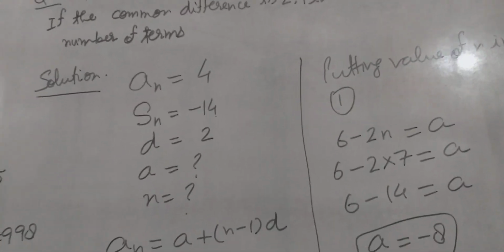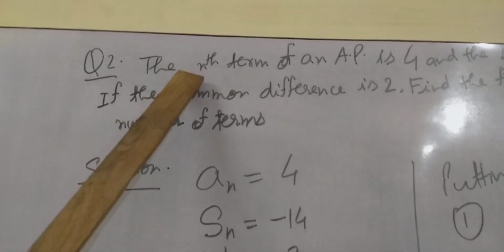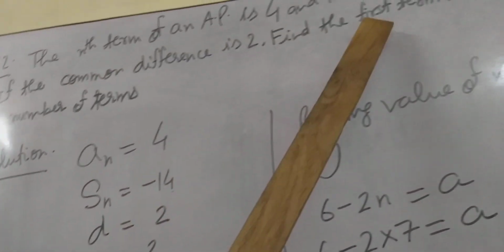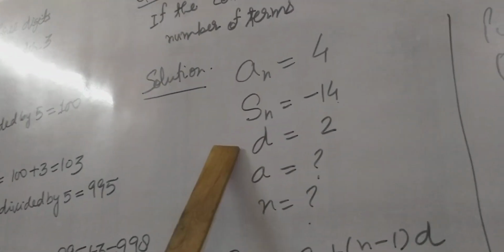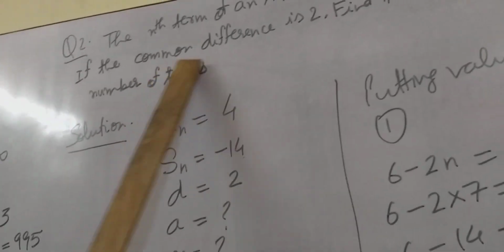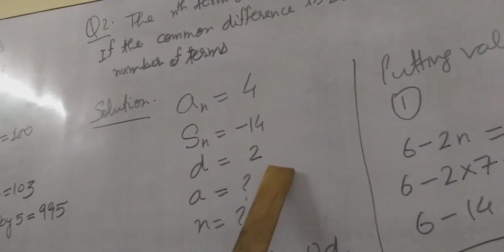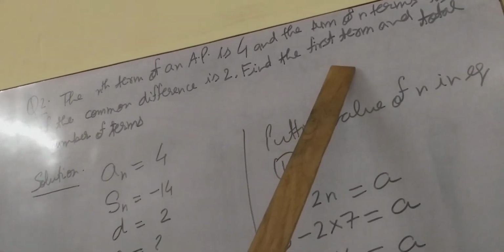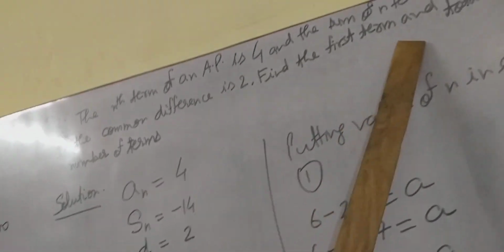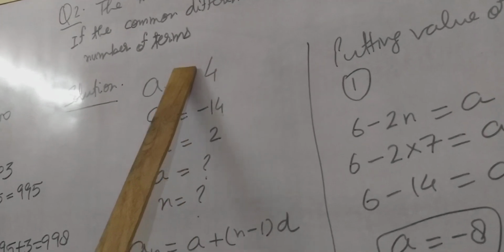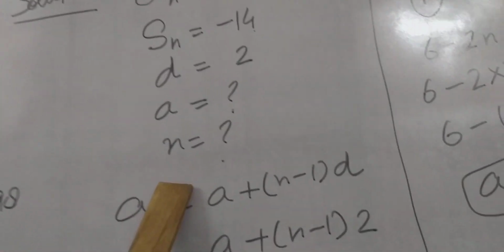Okay students. You can see the nth term is given as 4: an equals 4. Sn, the sum of all terms, is minus 14: Sn equals minus 14. The common difference is 2: d equals 2. Find the first term, which means the question is asking about a, and the total number of terms, which means the question is asking about n also.